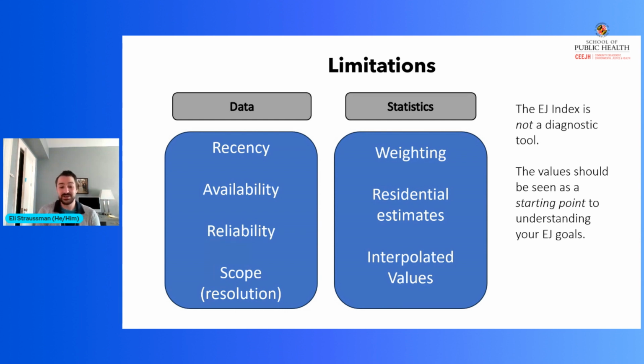And the other is scope and resolution. Ideally, when you're talking about environmental justice, the closer you are to ground level observations, the more accurate you are.